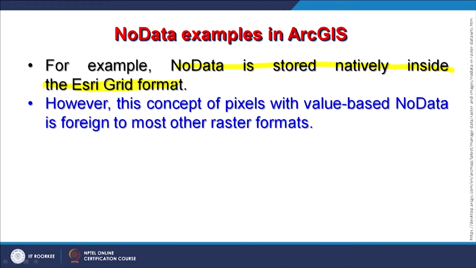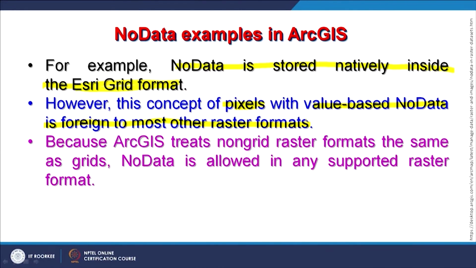This concept of no data, based on pixels in the case of satellite images or cell values in the case of a digital elevation model, is foreign, meaning unknown, for other raster formats. Sometimes, if software has not been designed well to handle no data, then you would have real difficulties. Initially we used to have these problems, but now good software all have implemented the concept of no data.